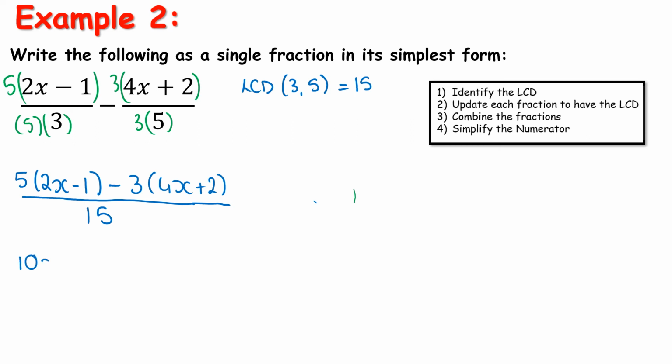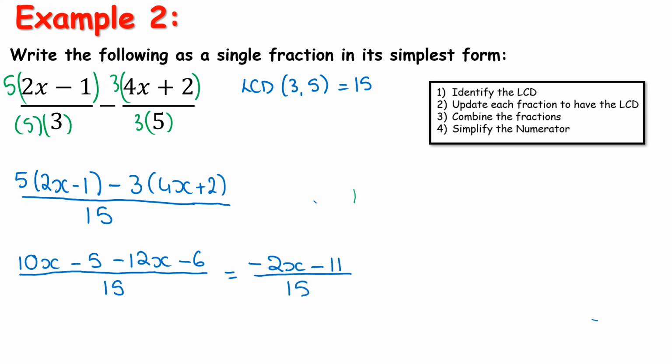So we have 10x minus 5 minus 12x minus 6. Okay, so if we didn't have our steps, I could nearly guarantee that that minus 6 would end up being a plus 6. So we have minus 2x minus 11 all over 15. So nothing is different.